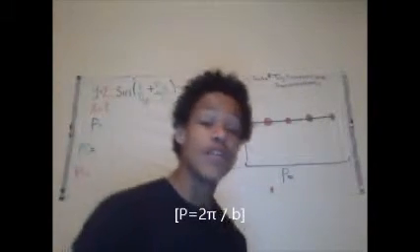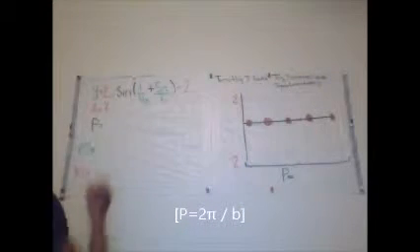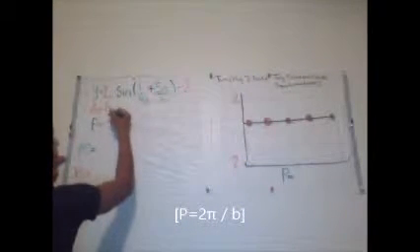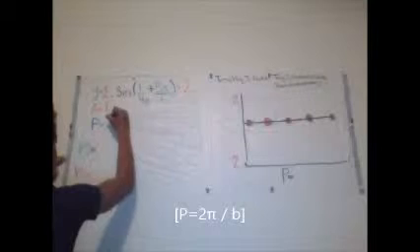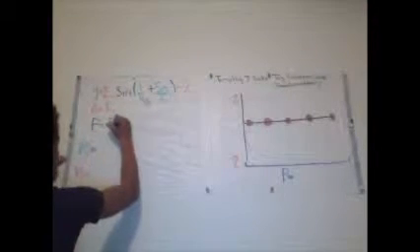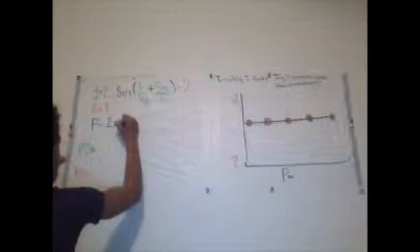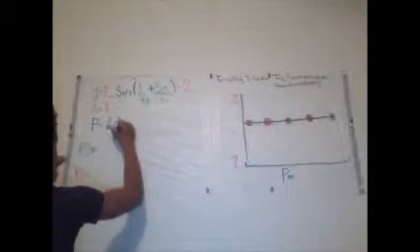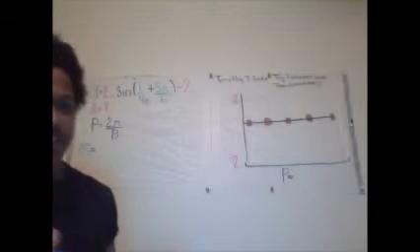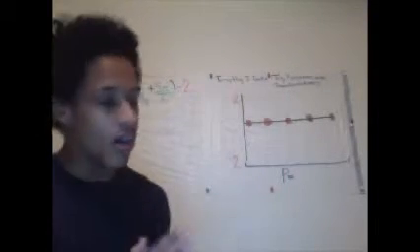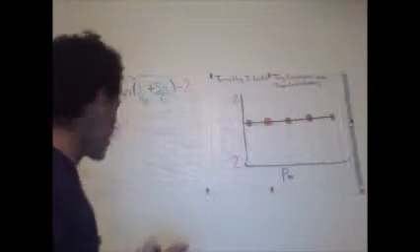The formula is very, very easy. It's 2 pi over b. That's it. It's no extravagant formula. It's not going to be so hard.